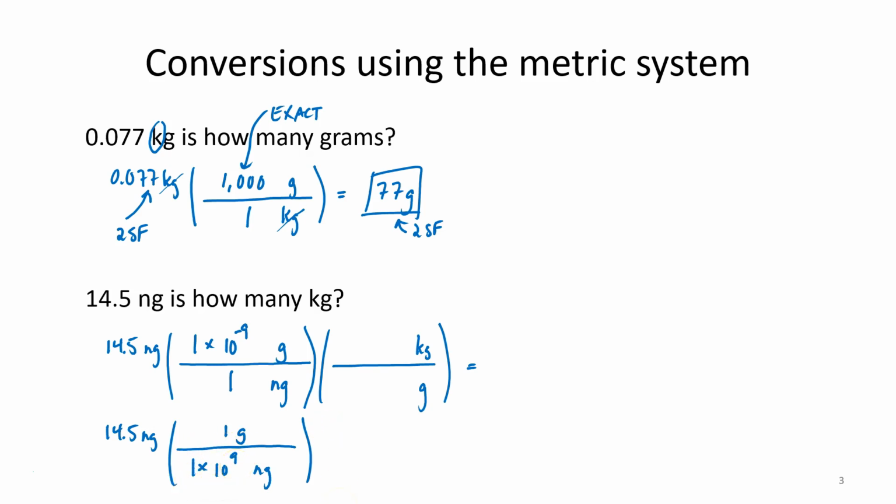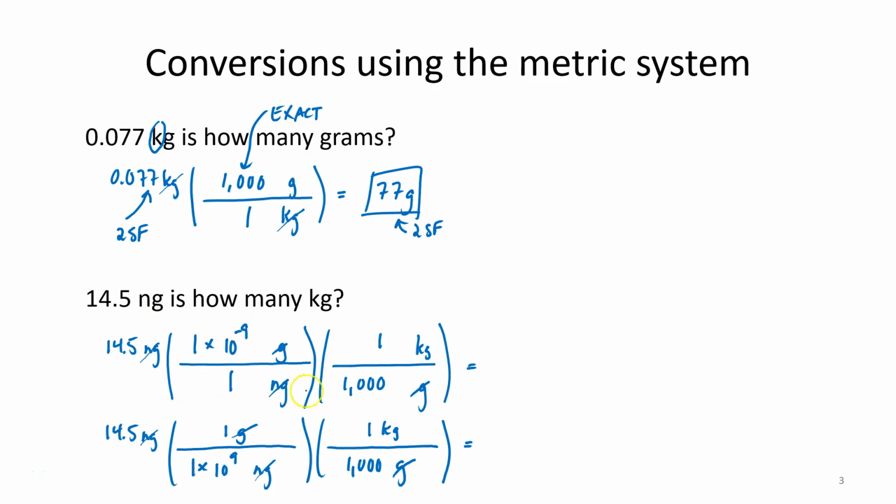Do it in whatever way makes more sense to you. But then to finish off the problem, you'll have to say that 1 kilogram contains 1,000 grams, regardless of how you define nano. 1 kilogram contains 1,000 grams. And I think all of our units are going to cancel. And then however you want to do the arithmetic, you should get the same answer in both methods.